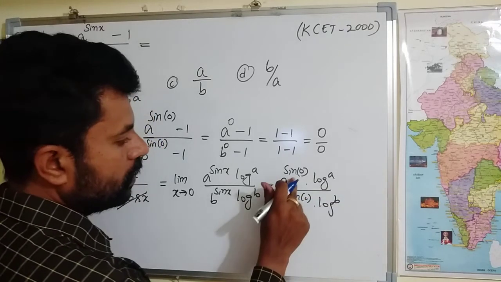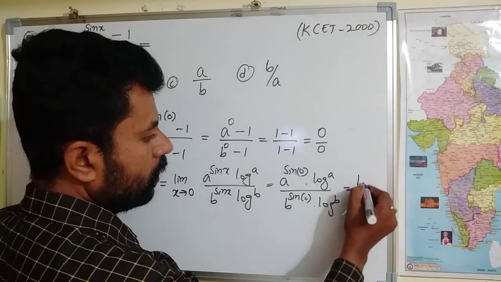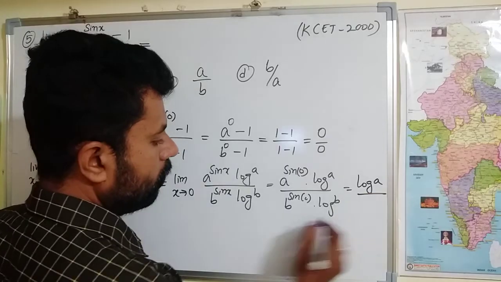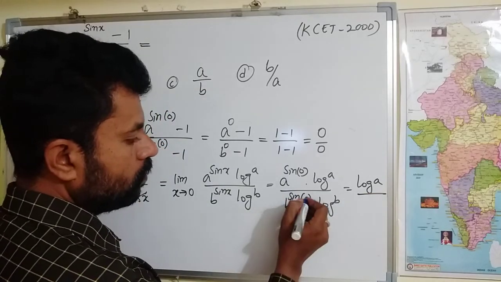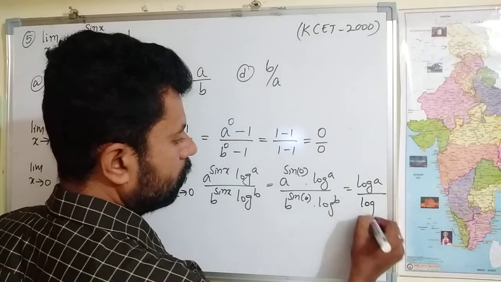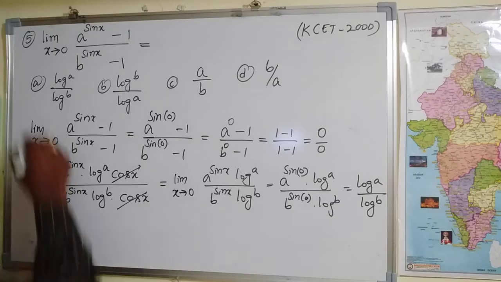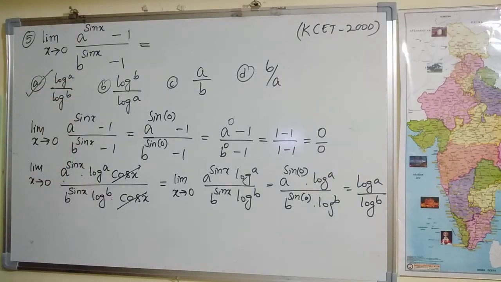Sine of 0 is 0, a to the power 0 is 1, 1 into log a is log a, divided by b to the power 0 is 1, 1 into log b is log b. Log a divided by log b, option A is correct.